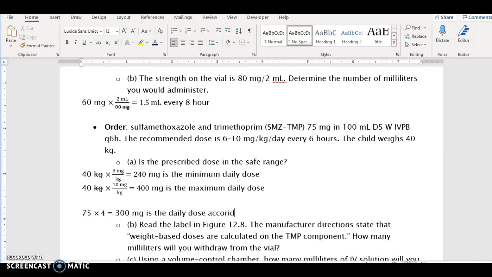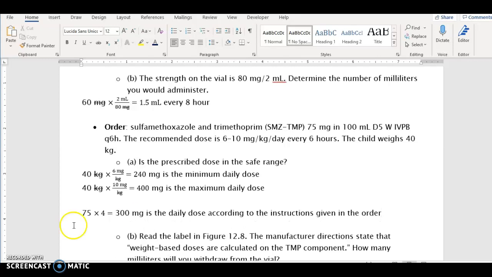Okay, according to the instructions given in the order, what we're checking for is if that 300 milligrams is in the safe dose range. So the answer is yes. The dose is safe, because it is in the safe dose range.